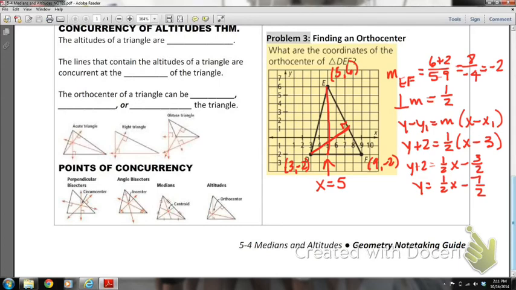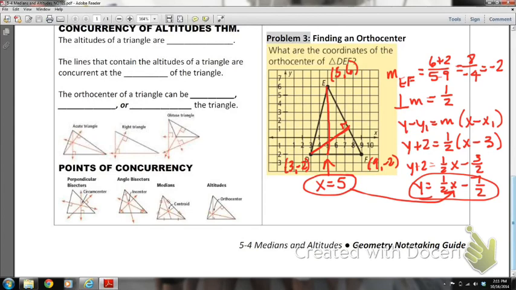Now we need to know where those two altitudes are crossing. We have the equations of the two lines. We're going to take the equation x equals 5 and substitute it in for the value of x to find out where these two lines intersect.